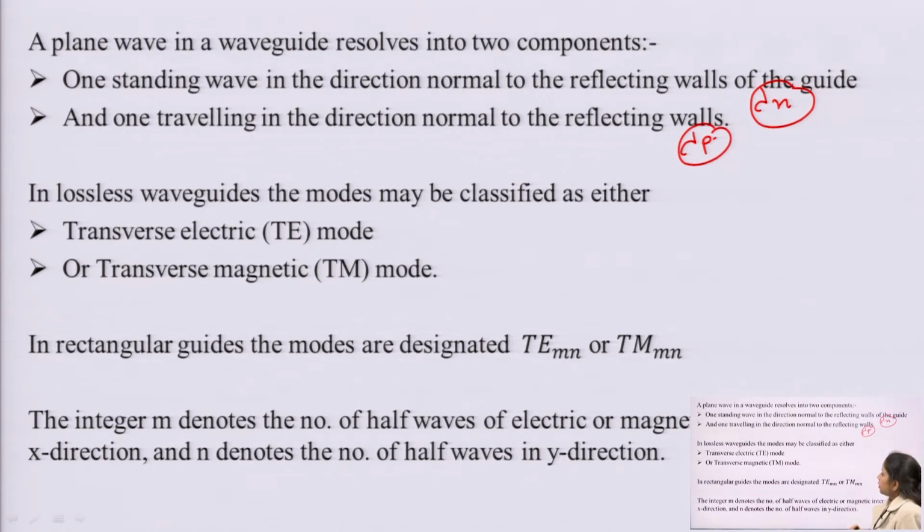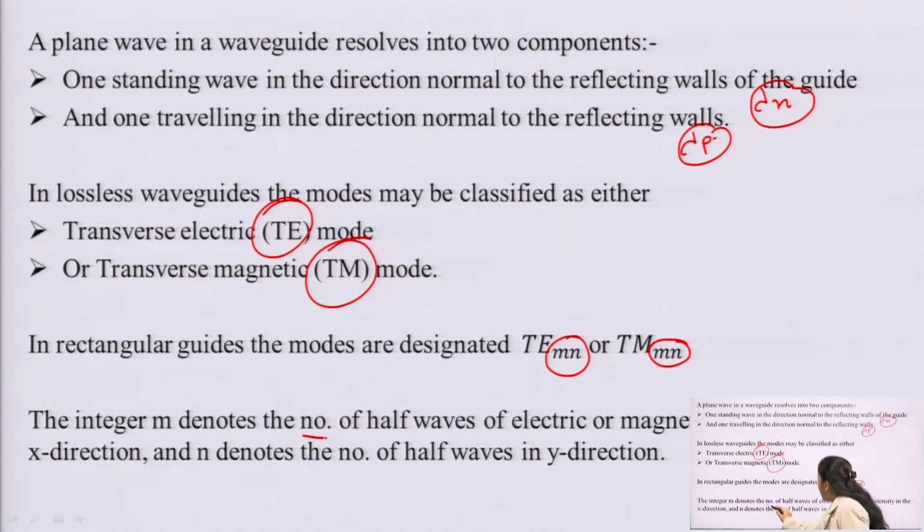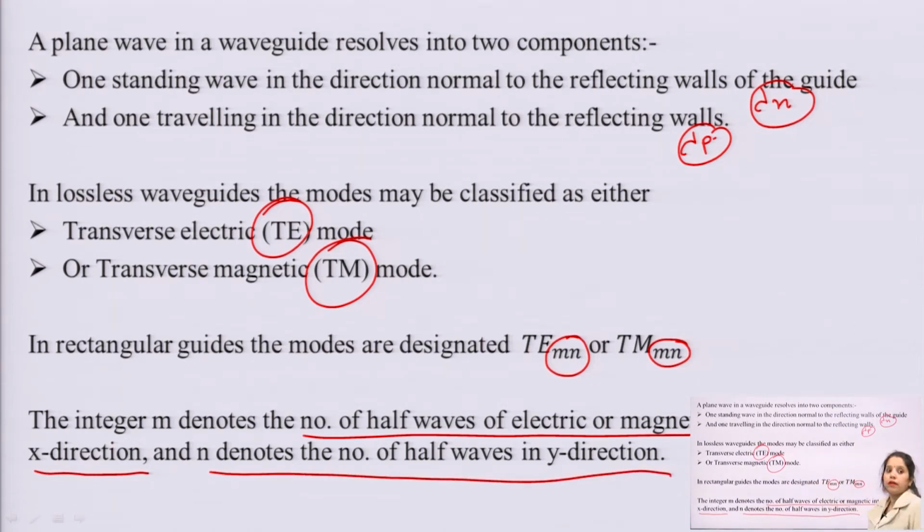So, in the lossless waveguide, the modes may be classified as TE, transverse electric, and TM, transverse magnetic, and are designated as TEmn or TMmn, where m denotes the number of half waves of electric or magnetic intensity in the x direction, and n denotes the number of half waves in the y direction.